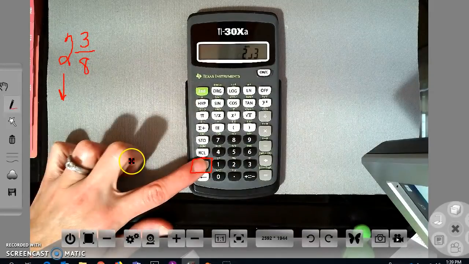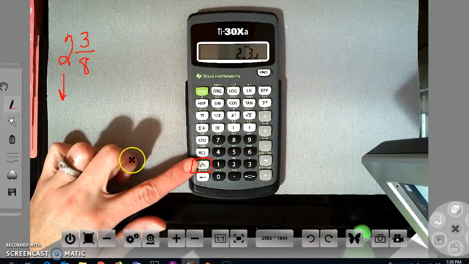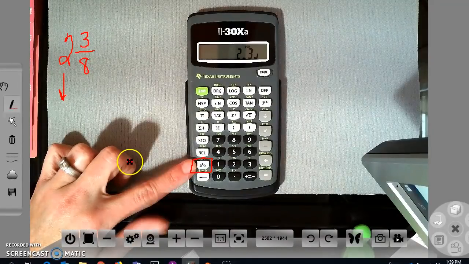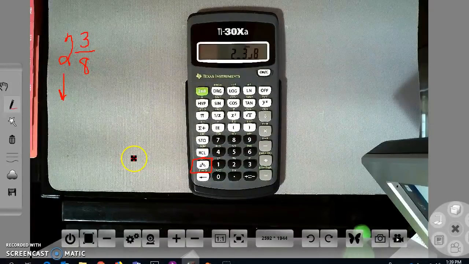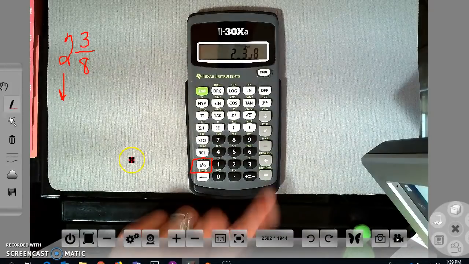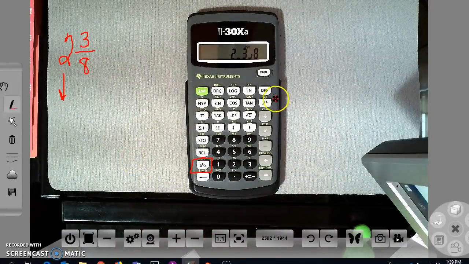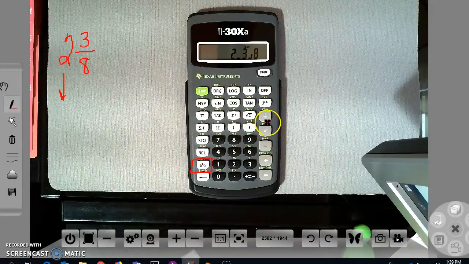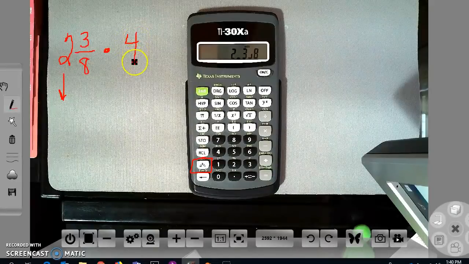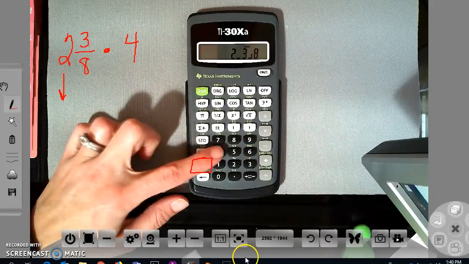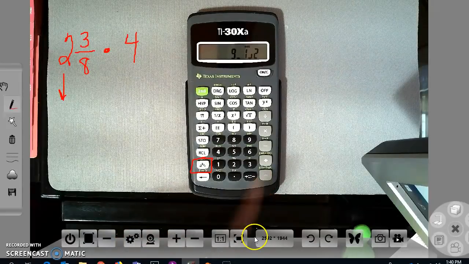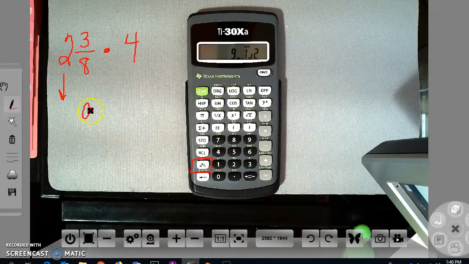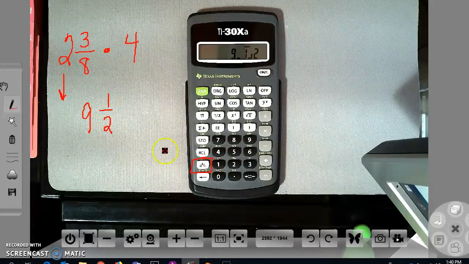Let it know that you are creating a mixed number by pressing the fraction button again. And then the denominator. And let's multiply that then. What if we multiply that by a whole number? For a whole number, all we have to do is put in the number. We do not need to create a fraction. And you have 9 and 1/2.